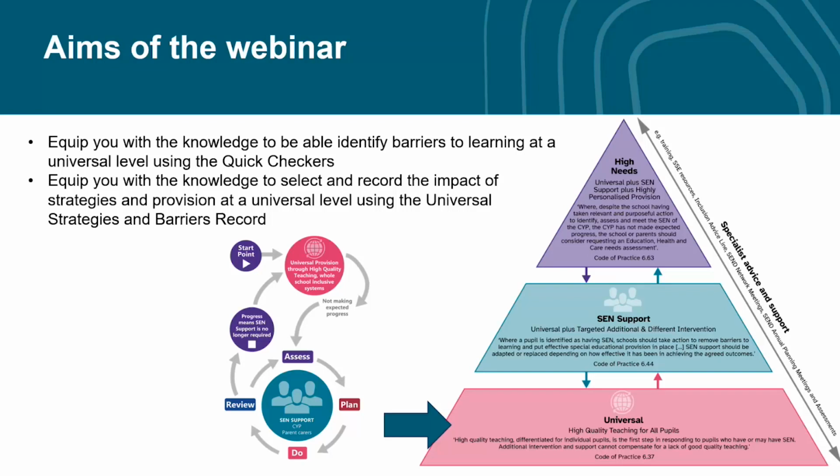So we want to ensure that following this webinar, you are equipped with the knowledge you need to identify barriers to learning at that universal level using the quick checker tools, and also to select and record the impact of strategies and provision at a universal level using the Universal Strategies and Barriers Record document.